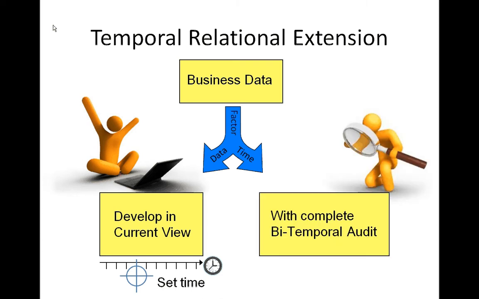Even though you're working in the current view, TRE leaves behind a complete bitemporal audit with complete referential integrity at all points in time. It provides multi-version read consistency and locking in time.